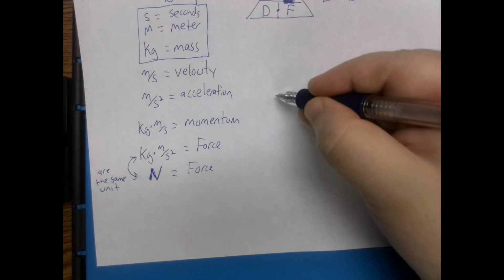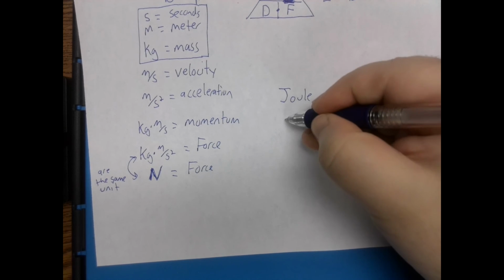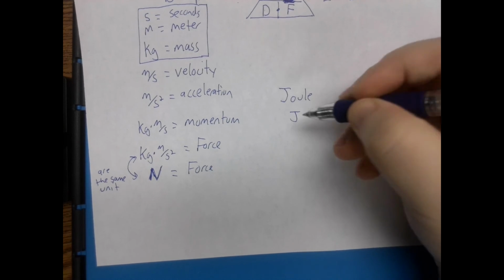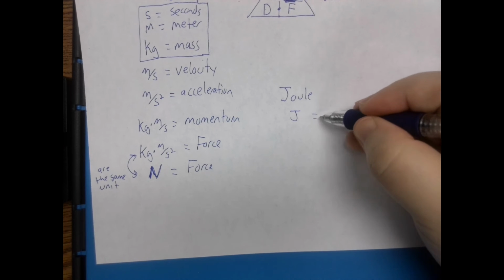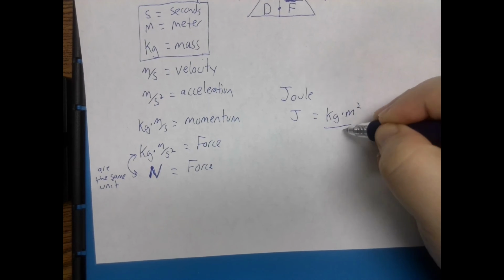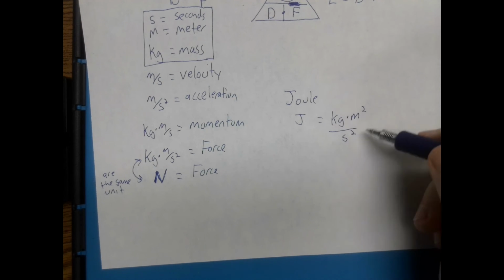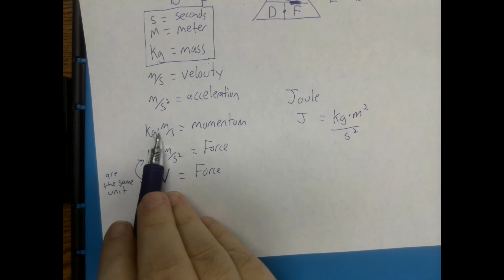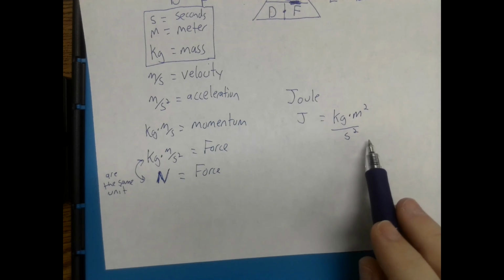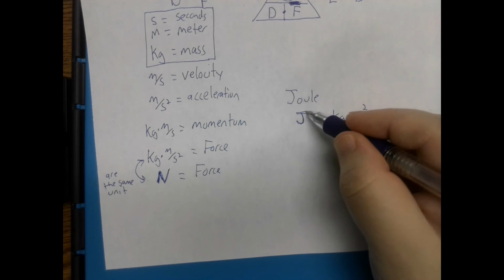So a joule, again, you don't need to know this now, uses the letter J, capital J, and it would be equal to a kilogram times a meter squared over second squared. Because this is getting quite long, basically after momentum, the units start getting very long, and what we start doing is just renaming them to something else.